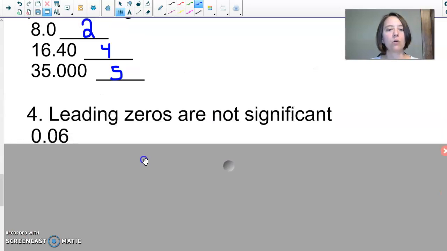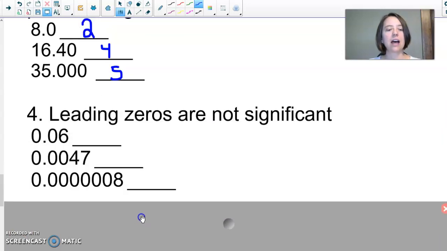Rule number 4, leading zeros are not significant. So leading zeros are zeros before a non-zero digit. And these zeros are just placeholders, and they don't get to count as significant figures or significant digits. So in this one, 6 is my first non-zero digit, so all these are leading, so I only have one significant figure.